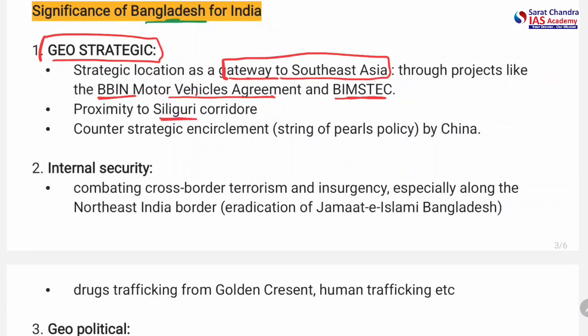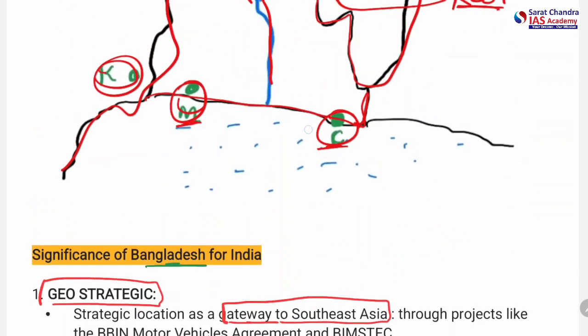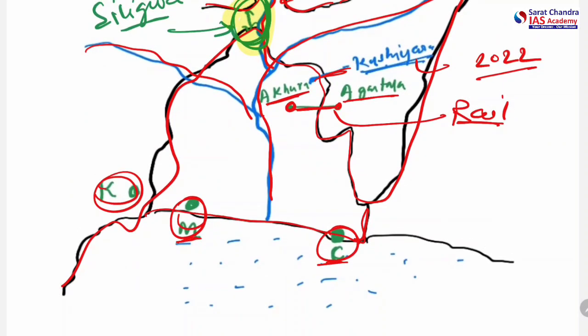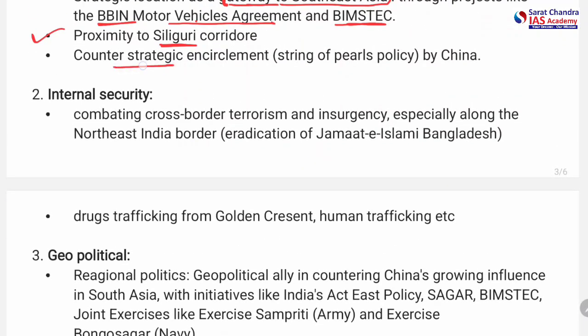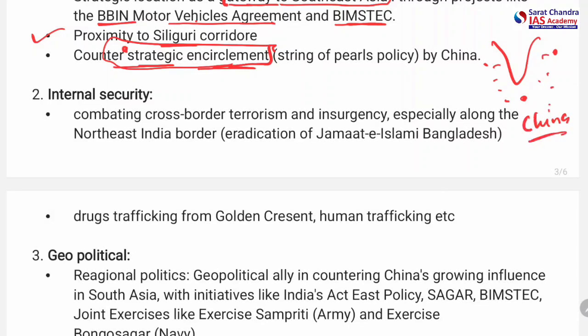Then proximity to the Siliguri corridor, as we discussed in the map also. For the protection of the Siliguri corridor, it is very important to have a friendly relationship with Bangladesh. Next, counter strategic encirclement. As we know, strategic encirclement is the development of different infrastructure projects across the Indian Ocean region by China to encircle India strategically.